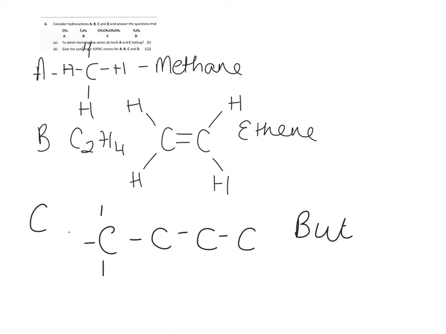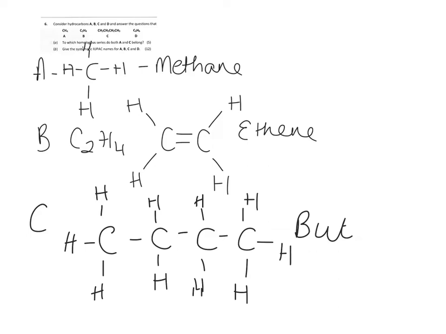So on the first carbon there's 3 hydrogens. On the second carbon there's 2 hydrogens. On the third carbon there's 2 hydrogens. And on the final carbon there is 3 hydrogens again. So I can see that there's all single bonds, so this guy's called butane.